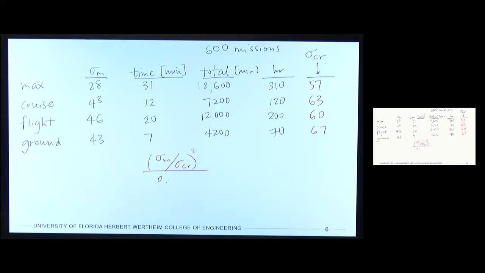Square that, we get 0.24. Second one is 43 over 63. That's the biggest ratio we've had so far. 0.47.